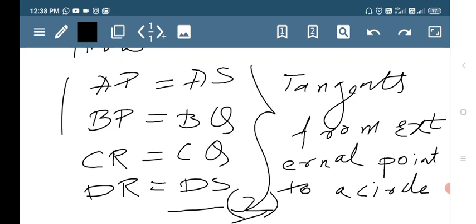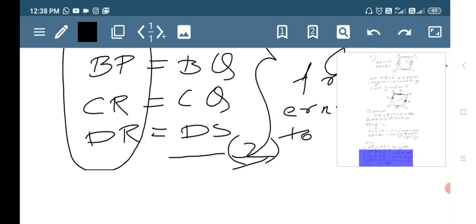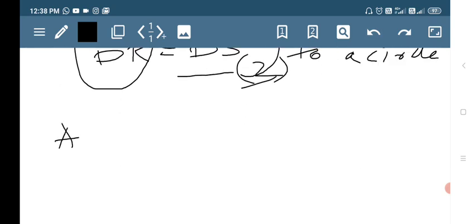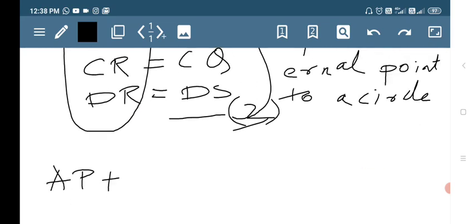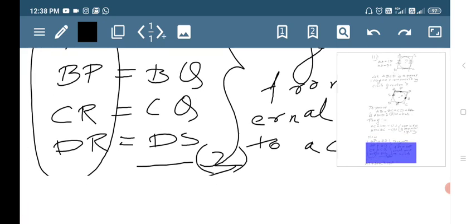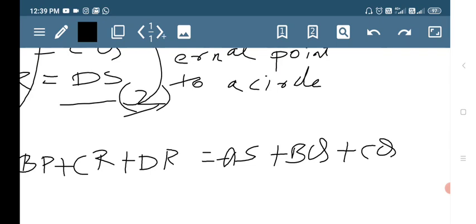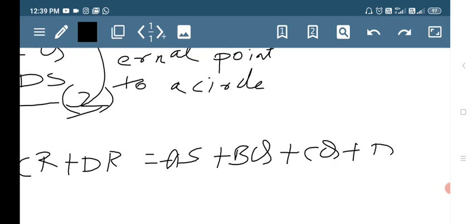So adding all from LHS and adding all from RHS, AP plus BP plus CR plus DR is equal to AS plus BQ plus CQ plus DS.